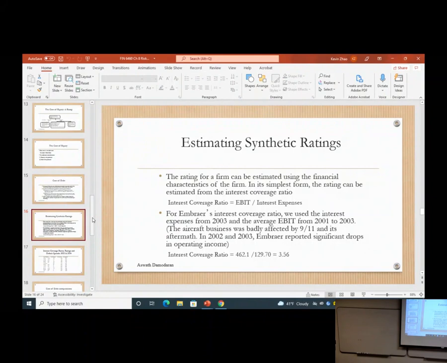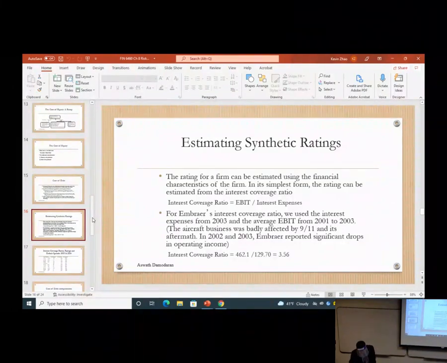So we look at comparable bonds that are tradable on the market to see what that cost of debt or year to maturity is, and then we use that as a proxy for this company's cost of debt, even though this company doesn't have a bond yet. It might have a bond, it will have a bond, but you don't know. It's not there yet. So this synthetic approach is a very useful approach.